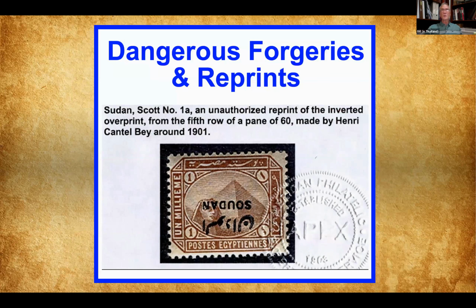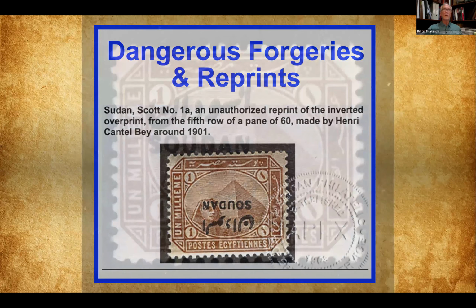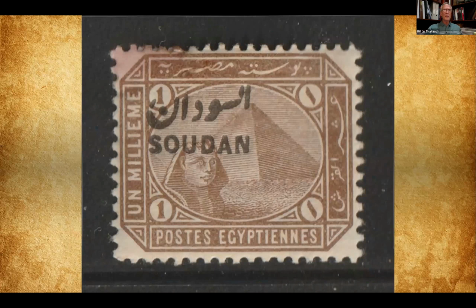Most of those known to have been produced by Cantel are unusual printings, including inverted overprints like this one. Off-centered overprints like this tend to be very rare and would normally be disposed of, thus the suspicion that such stamps were the product of Cantel.